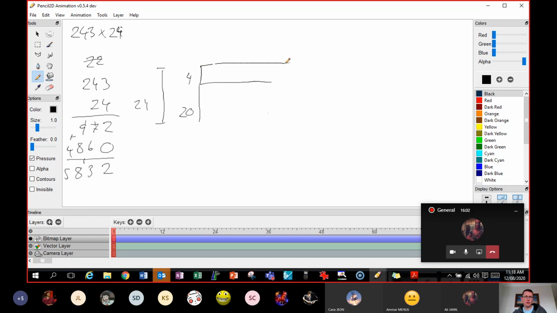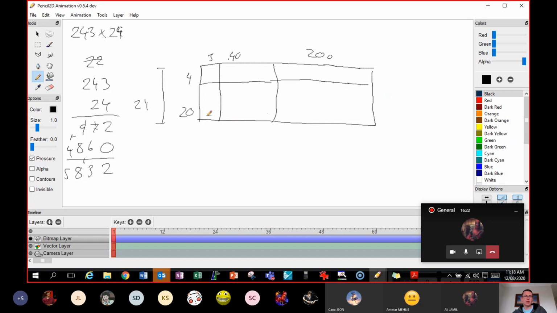I'm going to break the 243 into 3, 40, and then 200. This isn't really to proportion, so I do apologize. This 200 should be going on a lot longer. Technically, with the area model, it should be the same length, but hopefully you get the idea of what I'm doing.